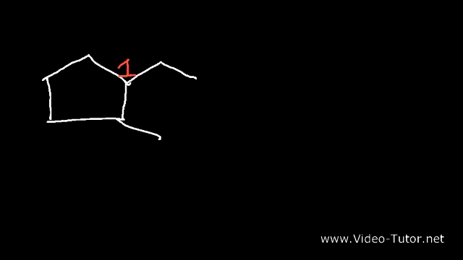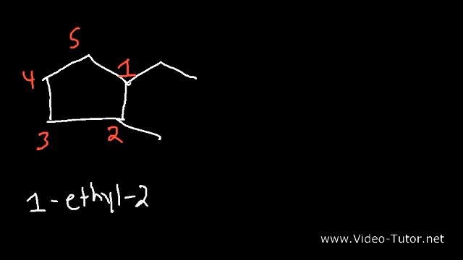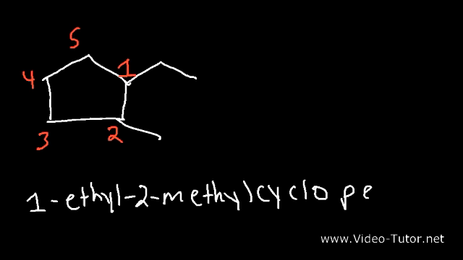So we're going to assign ethyl carbon 1, and carbon 2 is going to be associated with methyl. We have 5 carbons in a ring, so we know it's a cyclopentane ring. So this is going to be called 1-ethyl-2-methylcyclopentane. You will always need a dash to separate a number and a letter. And if you have 2 numbers, you can separate them by a comma.